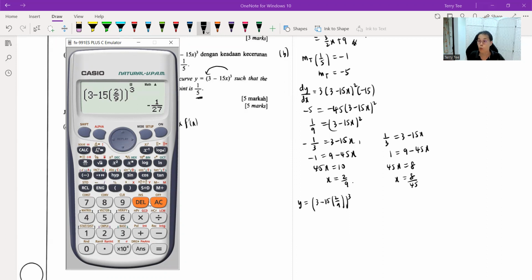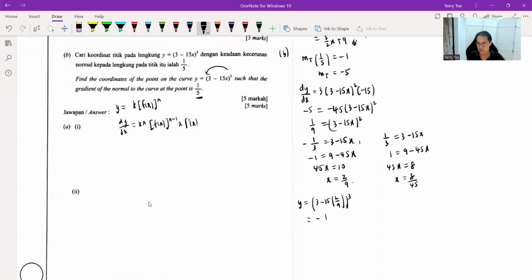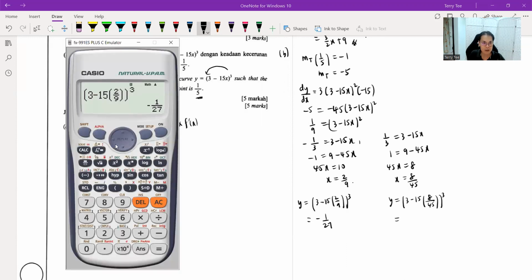My answer, -1/27. The second one, we're going to put 8/45 inside. You cube it. Okay, I got 1/27.